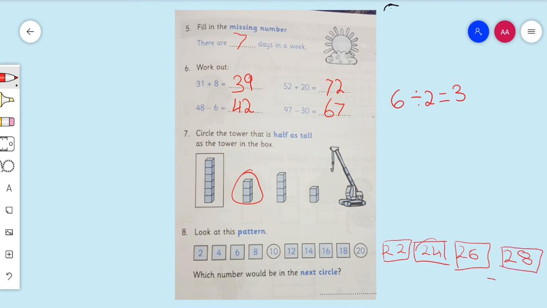But the next is 30. It doesn't go in a box, it goes in a circle, because the next in the 10 times table after 20 comes 30. So 30 is the next circled number, so we need to write 30 here.